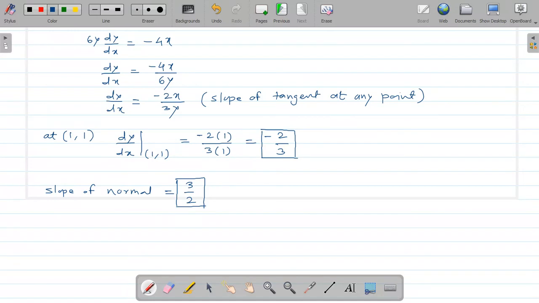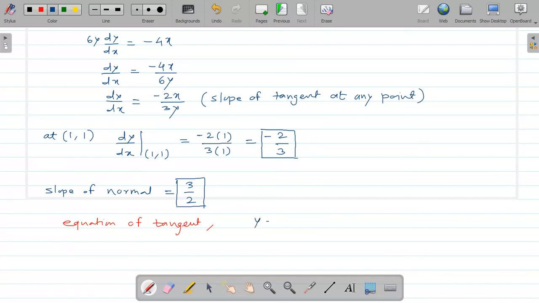Okay. So first of all, we will find out the equation of tangent. So equation of tangent is, by using slope point form, point is (1, 1) and slope is minus 2 by 3.